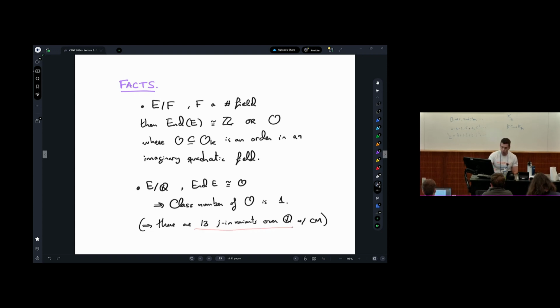But in fact, there are only 13. So remember that there is a j-invariant. There is an elliptic curve with any j-invariant. So there are infinitely many elliptic curves over Q that are non-isomorphic, but only 13 j-invariants actually have complex multiplication. Two examples being j equals 0 and 1728.